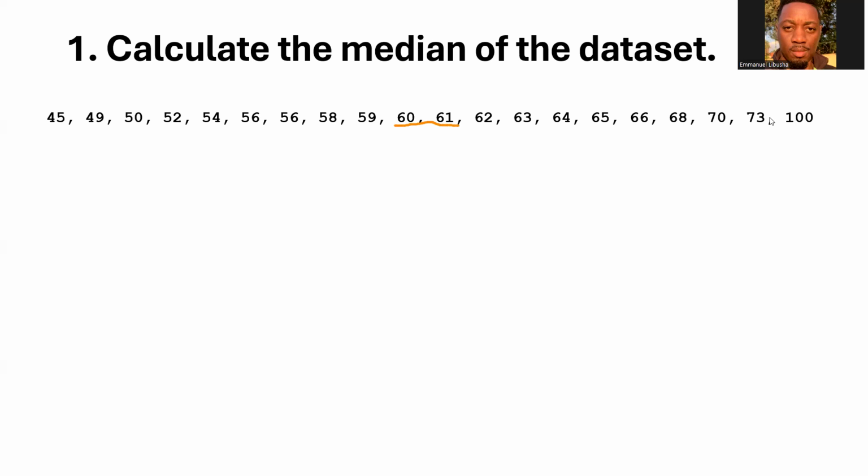So I've got 1, 2, 3, 4, 5, 6, 7, 8, 9, 10, right? And same thing all the way on that side. So what we're going to do there, we're just going to say 60 plus 61, and then we divide this by 2, and then we get our answer, which is going to be 60.5.